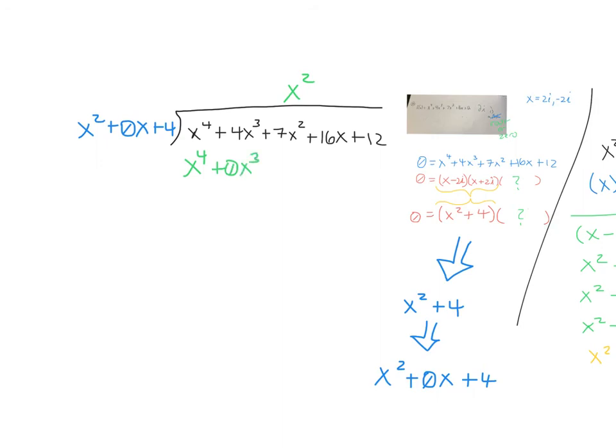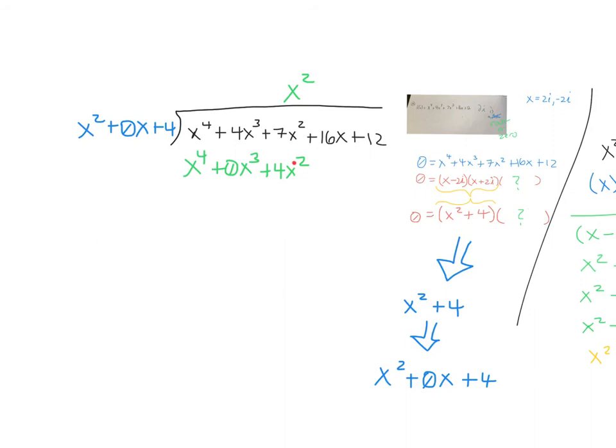Now, the fact that I'm writing x to the 3rd, I'm just kind of making it beautiful so that the x to the 3rd is underneath this x to the 3rd, but at the end of the day, this is just 0, so please keep that in mind. And then we have 4 times x squared. Well, that's most definitely going to be plus 4x squared.